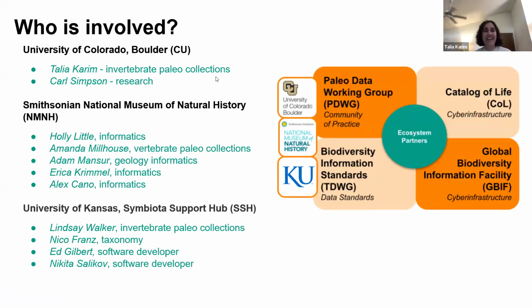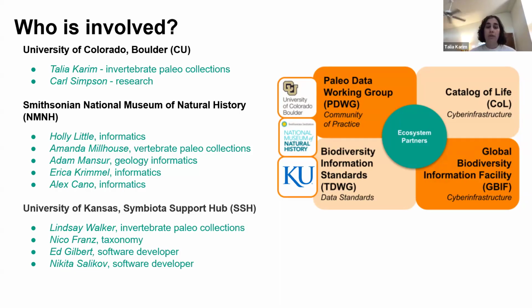So we have three major products as part of the proposal. One of them is the Symbiota portal, which I mentioned. If you know anybody that needs to get their data mobilized, please let us know. We can put you in touch with Lindsay and she can set up a meeting with them. The other two products are this Paleo Data Knowledge Hub that we've been working on as a place to share resources.